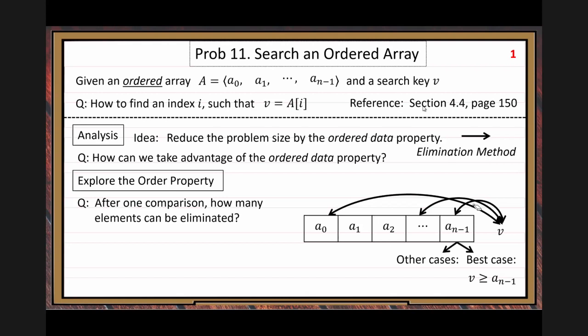We work on the worst case. So here we must work on the worst case. Keep in mind, for the elimination after one comparison, what is the worst case? The worst case occurs in this part.